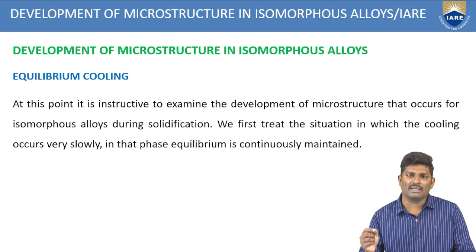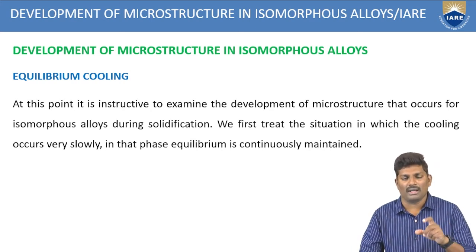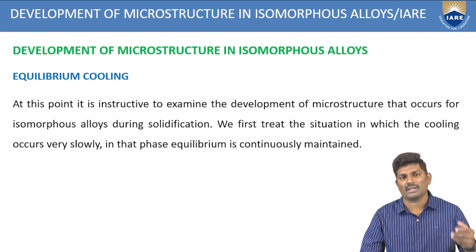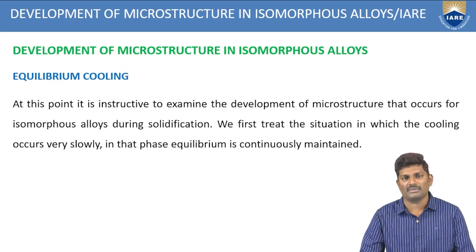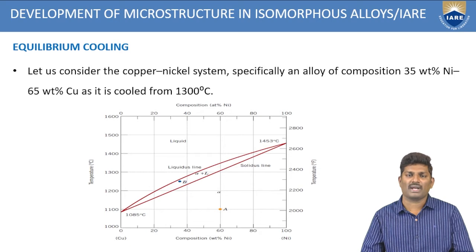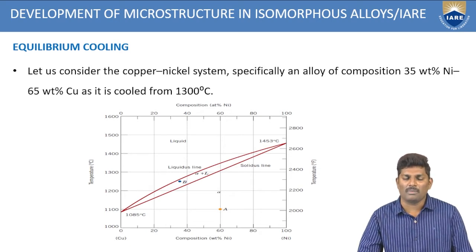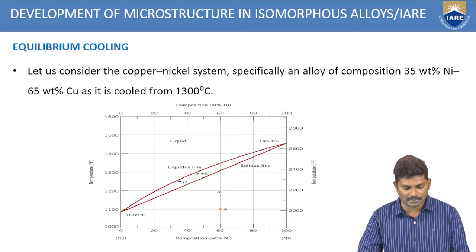In the previous session we discussed how we are trying to get the composition based upon the tie-line method. Because of the tie-line method, we are going to find out what the composition and the temperature are at a given point. Now, consider the same example system, nickel and copper, to illustrate this equilibrium condition.